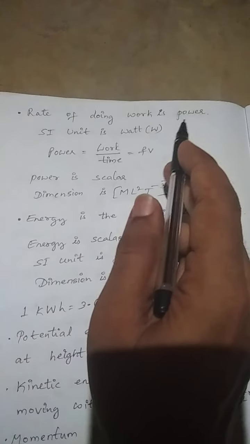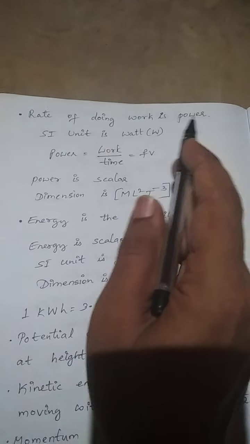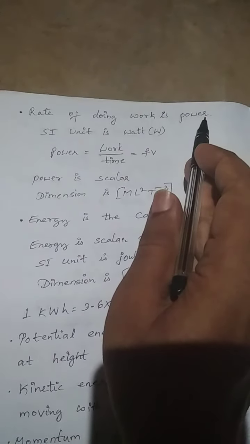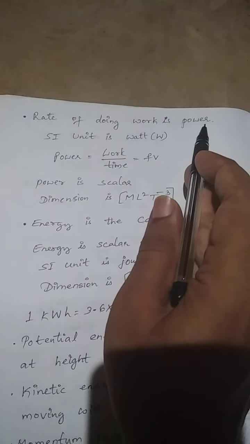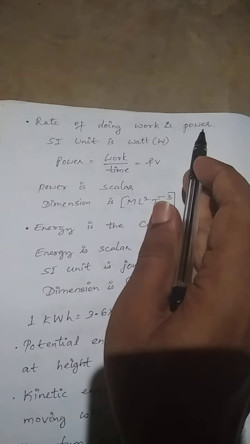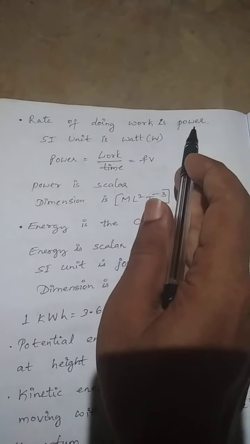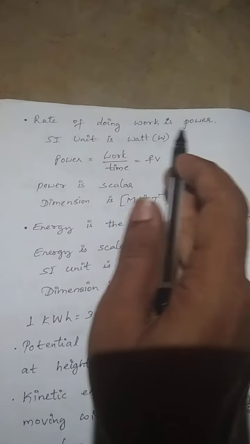Next, the rate of doing work is power. Three things we have seen: work, energy, and power. Rate of doing work is power.